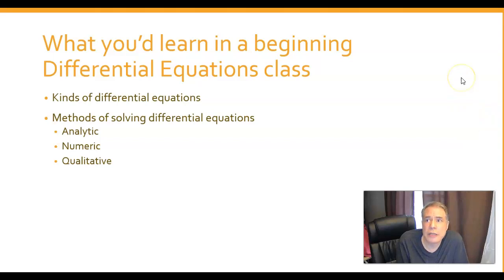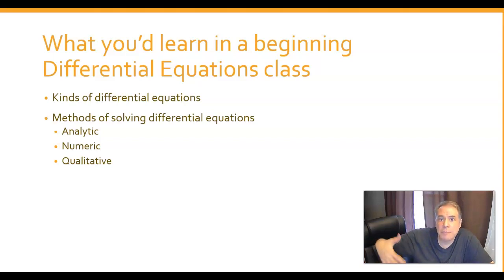But you might also study some numeric methods of solving by doing lots of number crunching, come up with approximate values of solutions, or qualitative solutions, figuring out if you can't tell exactly what the solution is, you can at least get an idea of what kind of a solution it has, and that gives you an idea of what's going on in general. In the long run, is the bunny rabbit population going to just get infinitely large or die out or level off at some level?